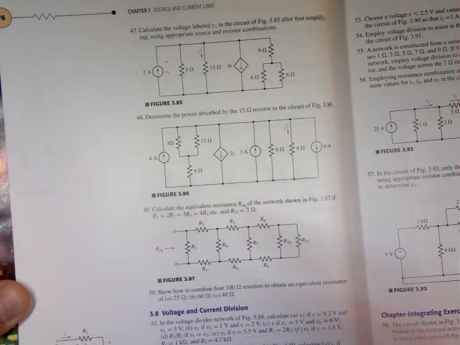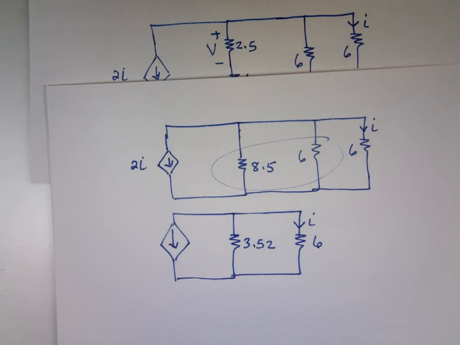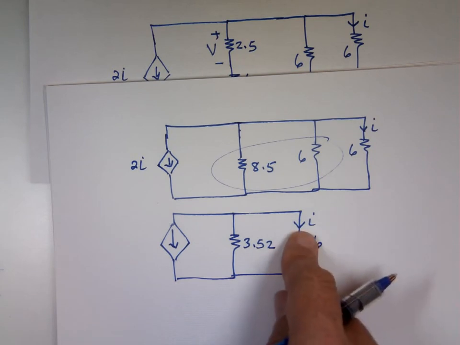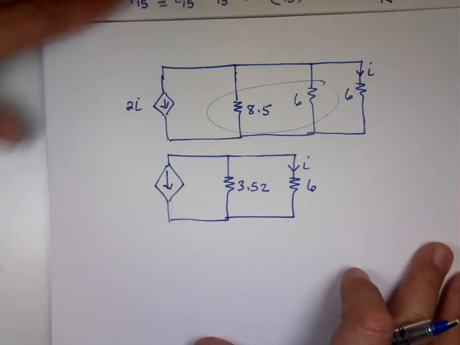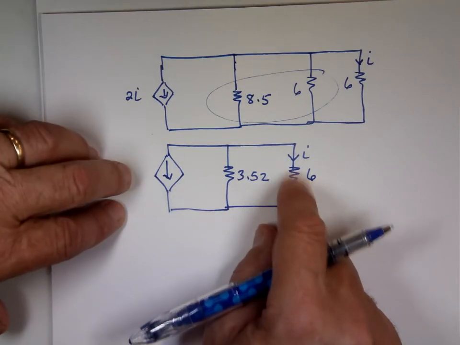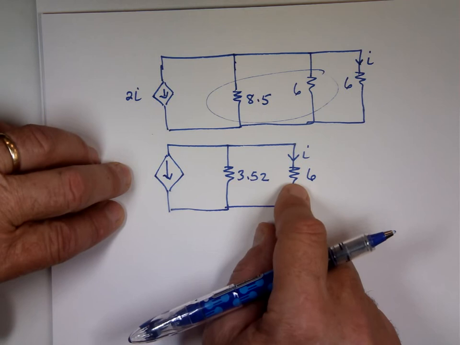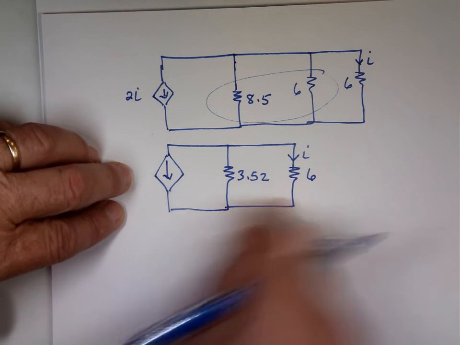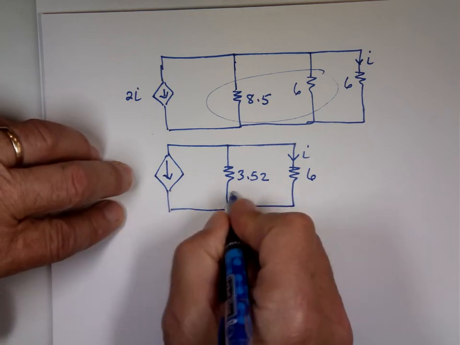Why? I can do current division, but you'll see the math doesn't make any sense. If you want to find that current, that's why I had to grab the book and look at it. If you look at that one, current division, you go, well, this current's going to come. Some will go this way, some will go that way because the source is pushing it that way, right?